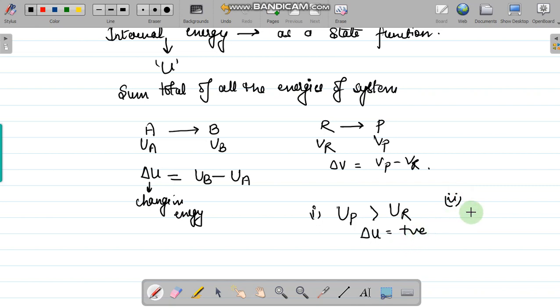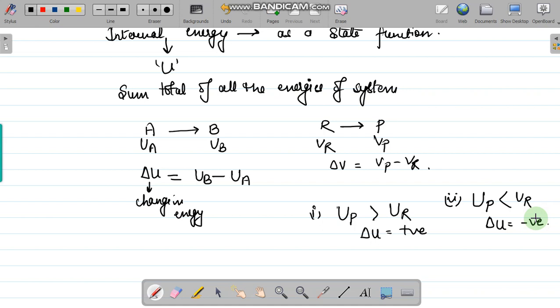That is your internal energy. If the value of the product is going to be lesser than the reactant, then your delta U is going to be negative. This we have in the case of the internal energy. One more thing, internal energy we can also call the intrinsic energy.